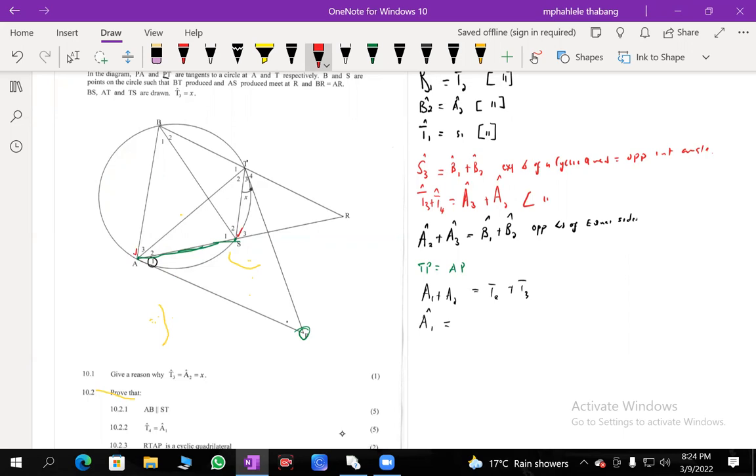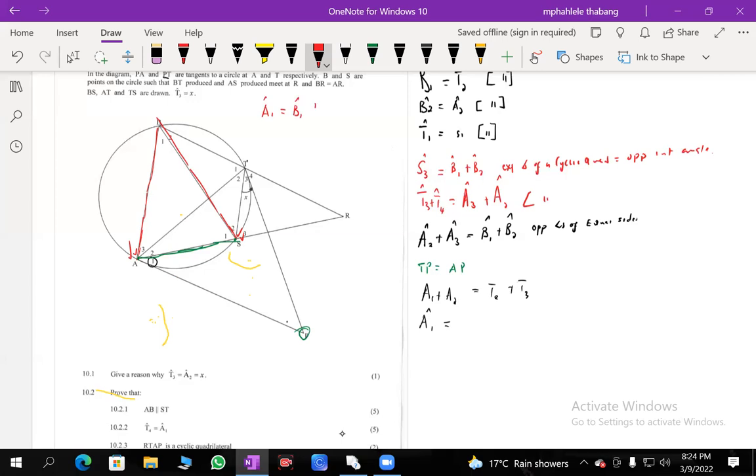Create an angle using a line from A, so this is a line from A, and also using a line from S. Remember, we said our chord is AS. Using AS, you realize that angle B1 is subtended by AS. So we say angle A1 is equal to angle B1.